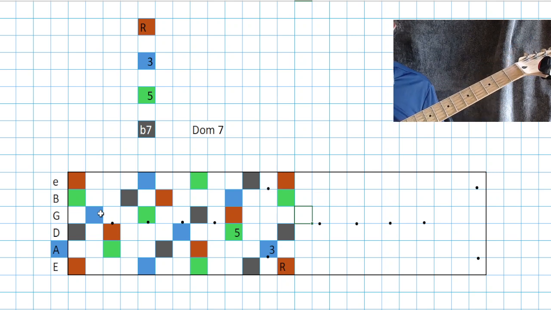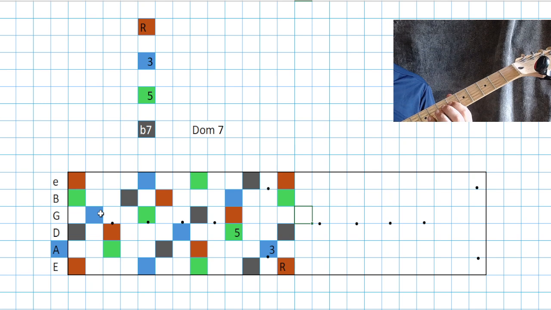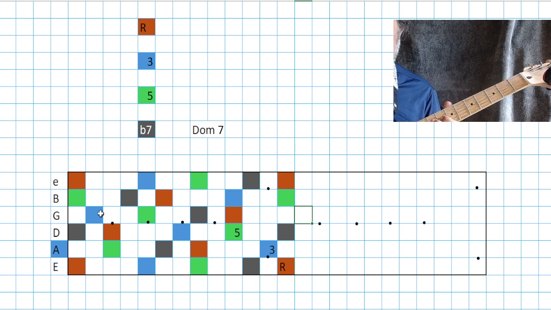Now, when we play the Lydian note that we talked about earlier, when we're between the blue and the green, let's say, for example, we are right here.